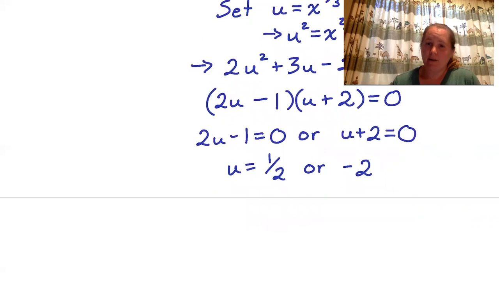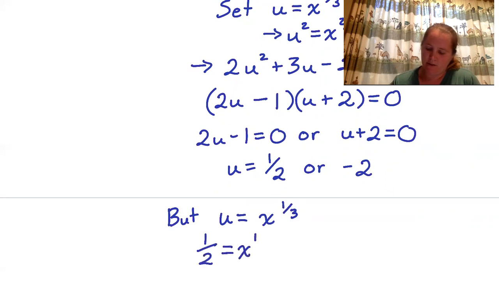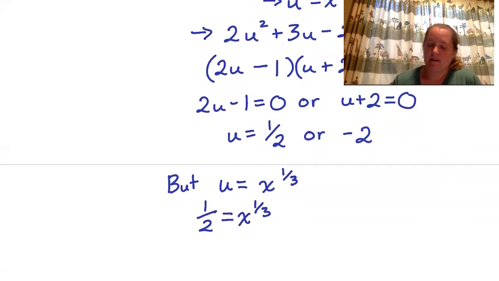And then we'll go back to where we were. So keep in mind that u equals x to the 1/3. So we have 1/2 equals x to the 1/3. To undo raising to the 1/3, we can go ahead and cube both sides.